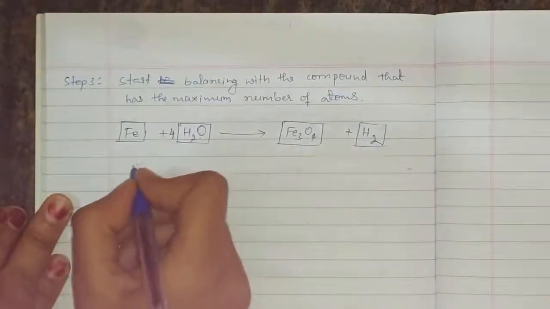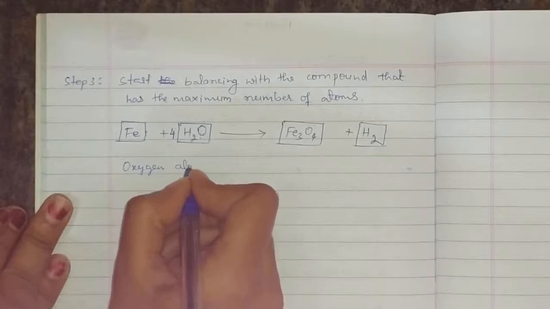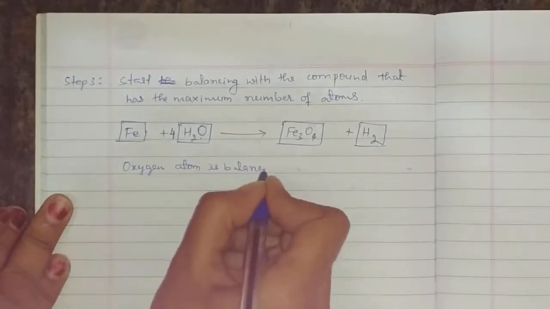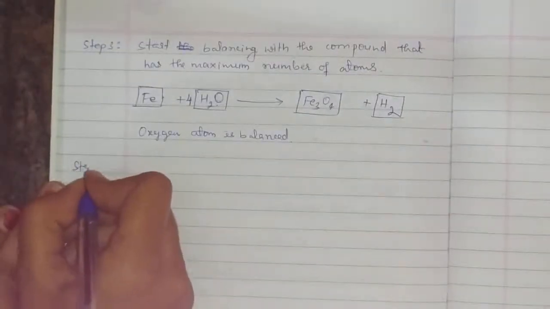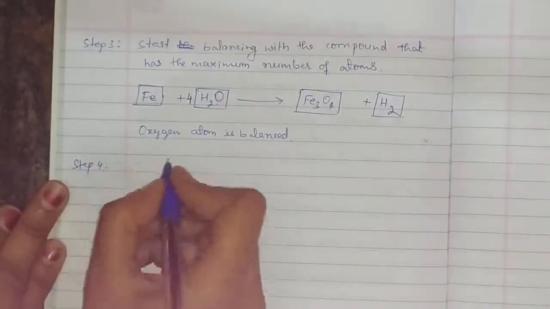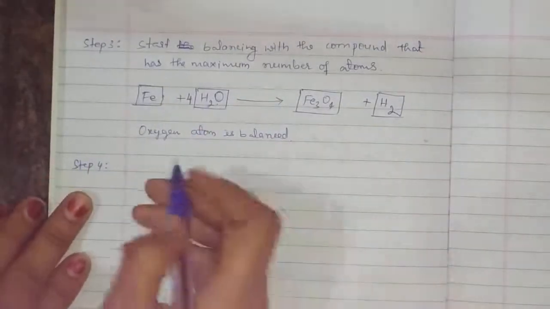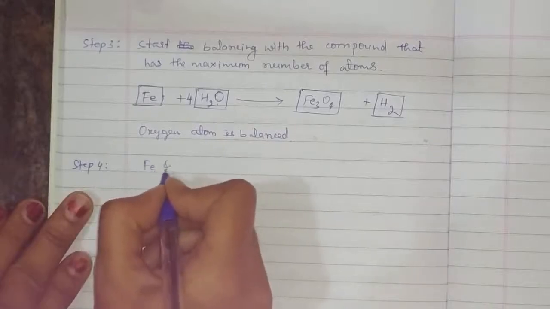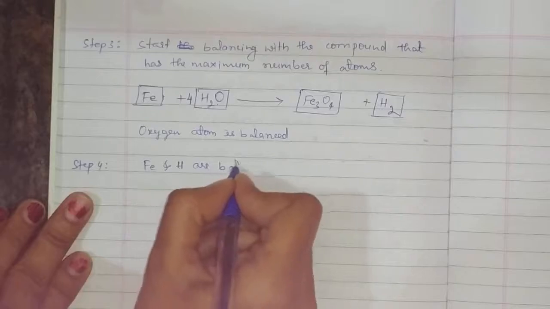So the oxygen atom is balanced. In the next step we will balance the iron and hydrogen. In fourth step, iron and hydrogen are balanced.